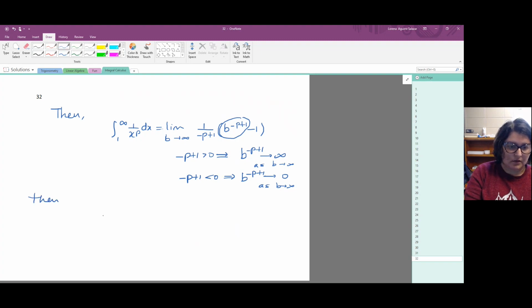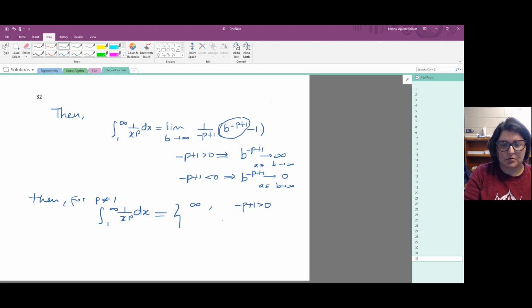Then the integral from 1 to infinity of 1 over x to the p, for p different from 1, is either infinity, in the case negative p plus 1 is positive, or 1 over negative p plus 1 times 0 minus 1, in the case negative p plus 1 is negative.